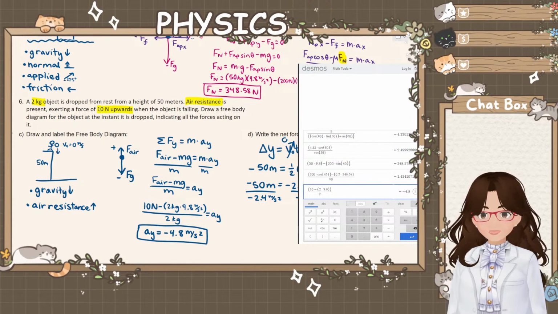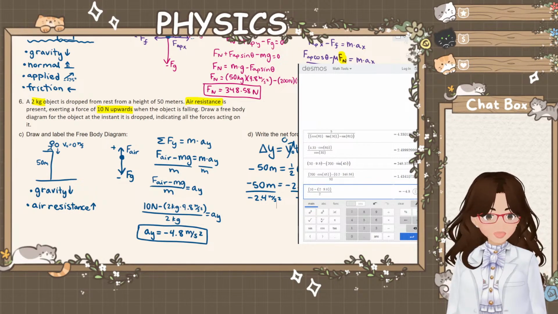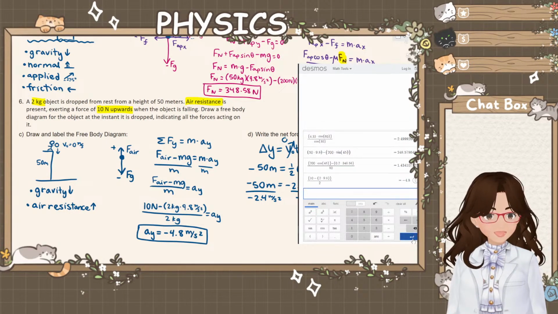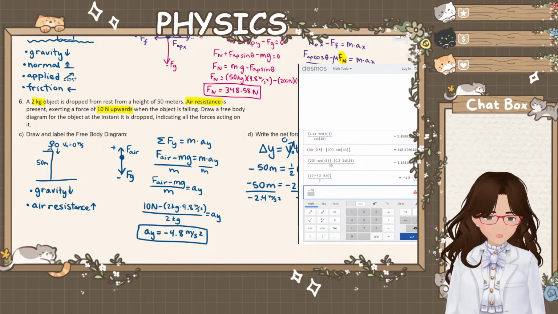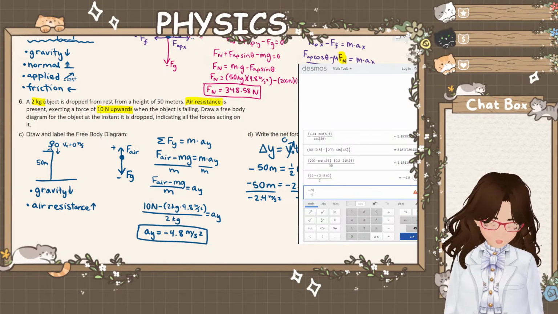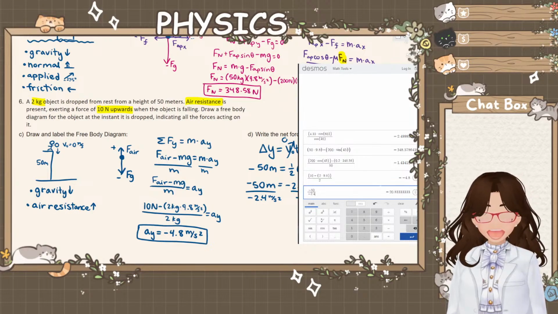And in this case here, we would go ahead and solve by dividing those two values, right? So we got negative 50 divided by negative 2.4, and that's going to give us a time squared equal to 20.8333 repeating seconds squared, which is equal to t squared.